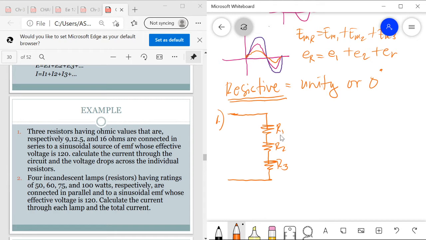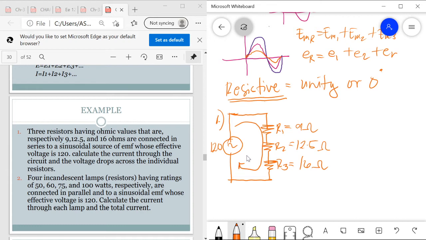They have the same frequencies, and they are connected to a source equal to 120 volts. R1 is 9 ohms, 12.5, and 16 ohms. Calculate the voltage drop and the total current.